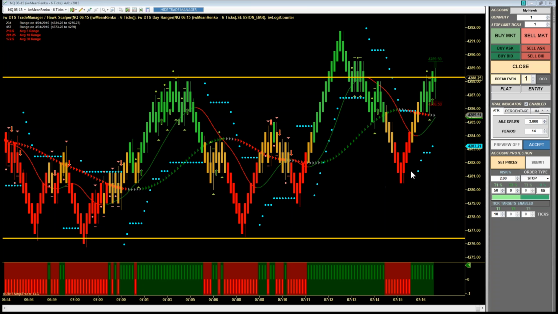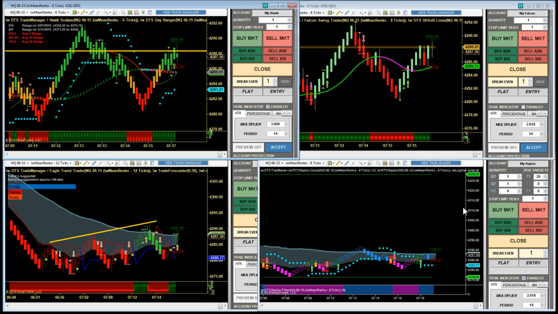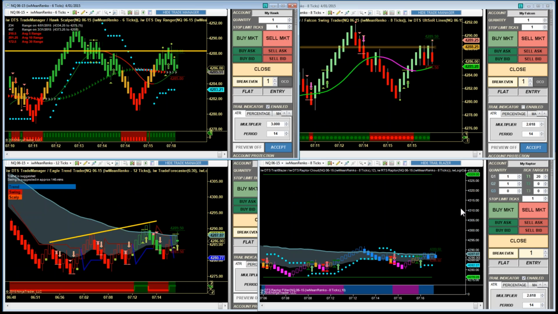Still making higher swing lows, so we'll see whether we get another poke to the upside here or not. Trying not to get too anxious.